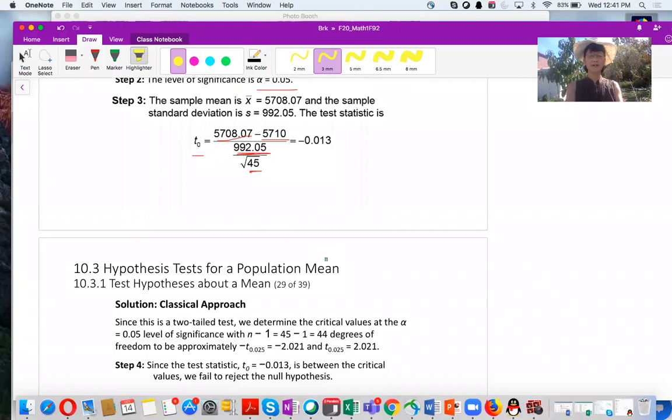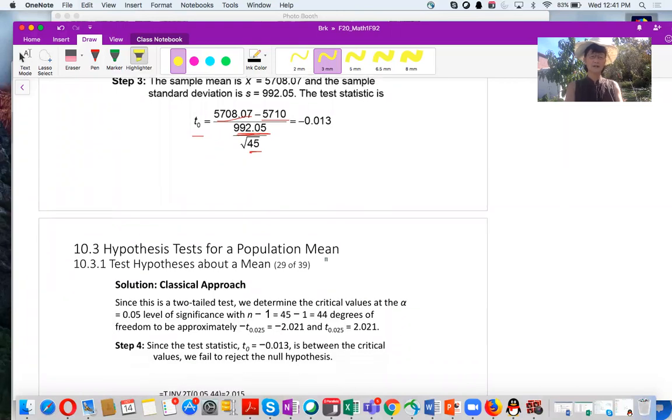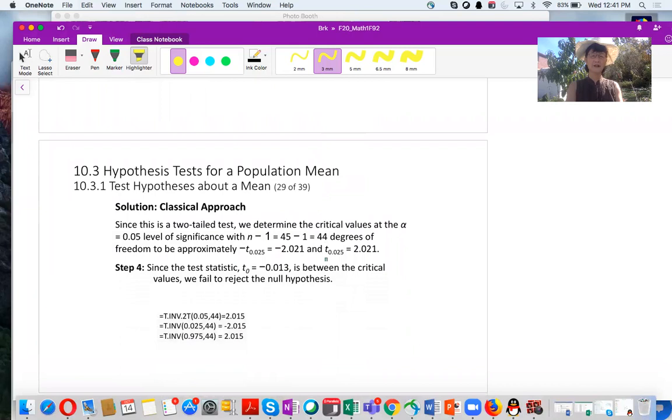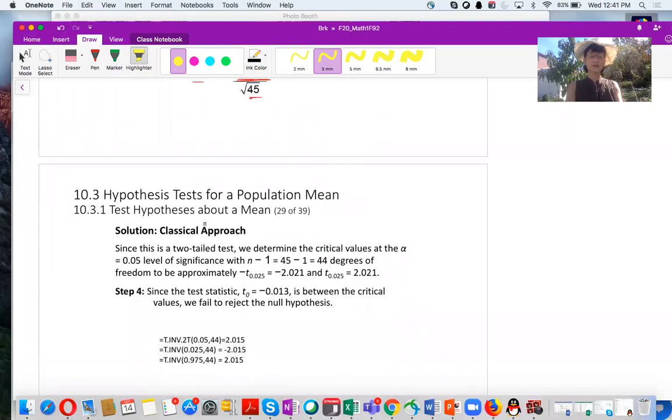Once we did the first 3 steps, we use the classical approach to find the critical value. How do we find the critical value?